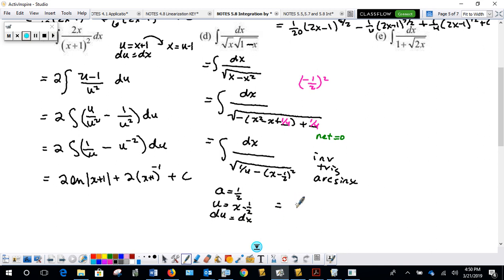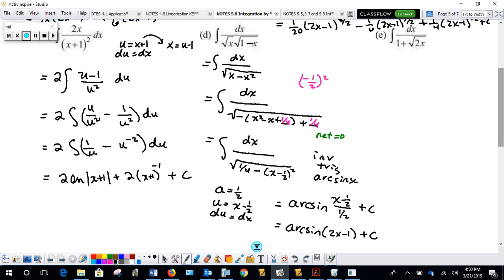So we can go straight to our arc sine. And so we would have arc sine of my u, x minus 1/2, over my a, 1/2, plus c. And we may simplify it: arc sine of 2x minus 1 plus c. And that would be the end of that problem.